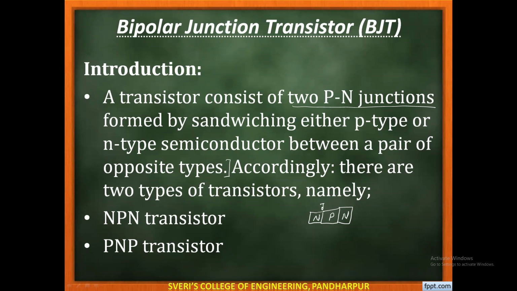So this is the first junction, this is the second junction, and three terminals. The diode has only two terminals, anode and cathode, but the transistor has three terminals. Two terminals are connected to the two outer regions, and one terminal is connected to the middle region. In this way, the transistor is a two PN junction, three terminal device.